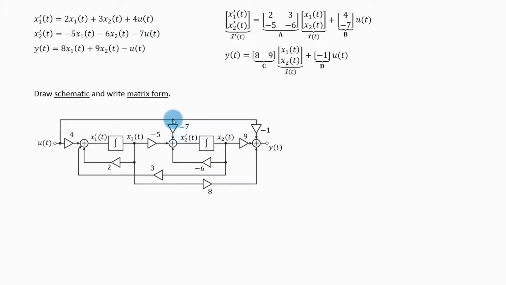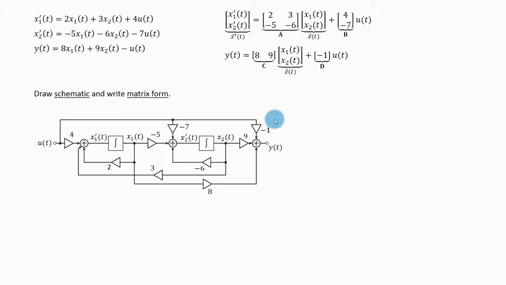Now the output, y of t, is equal to 8 times x1 of t plus 9 times x2 of t plus minus 1 times u of t.